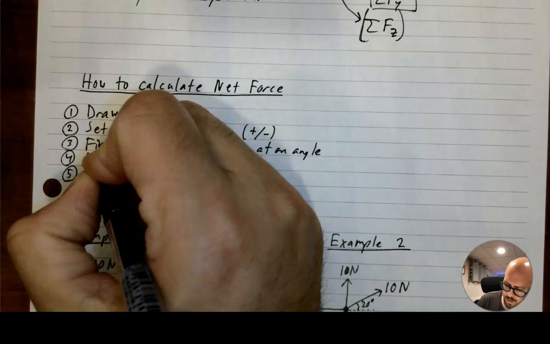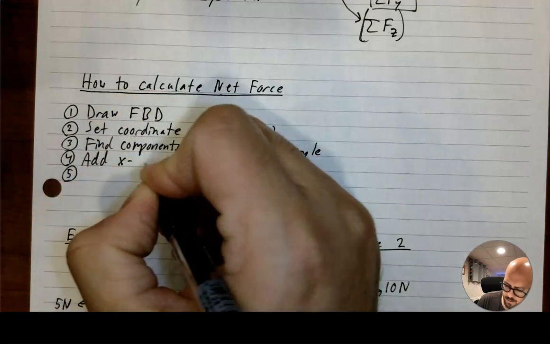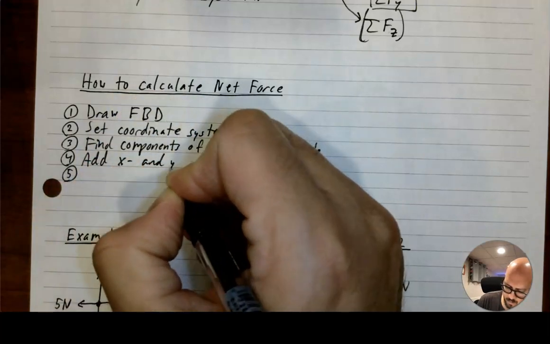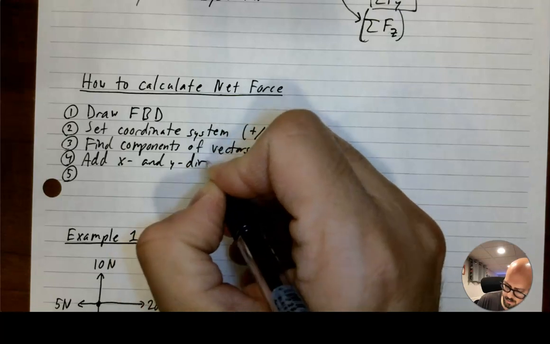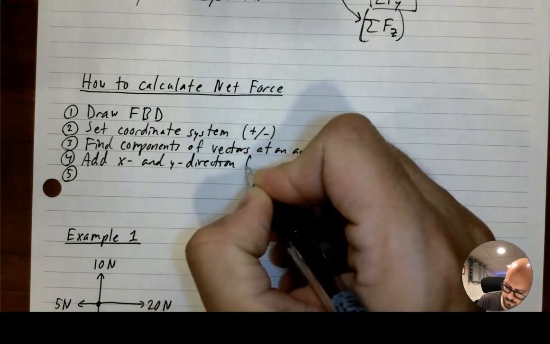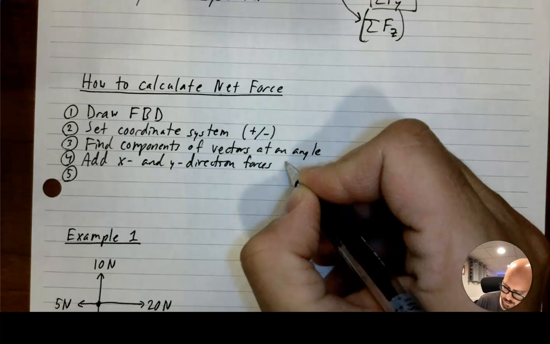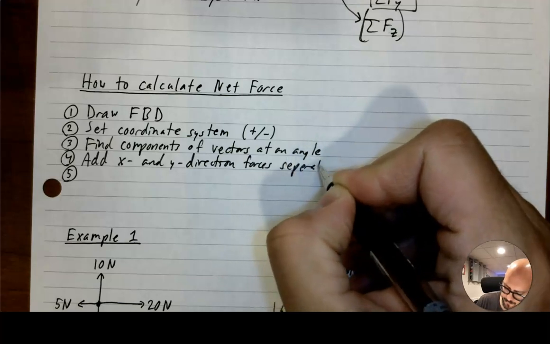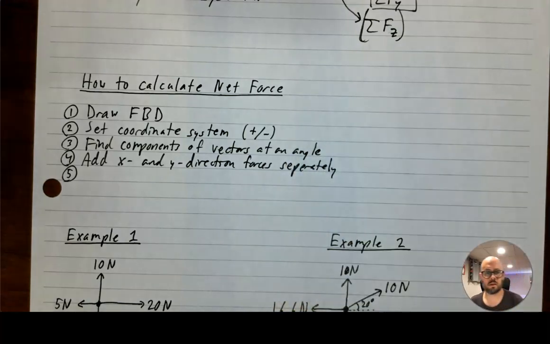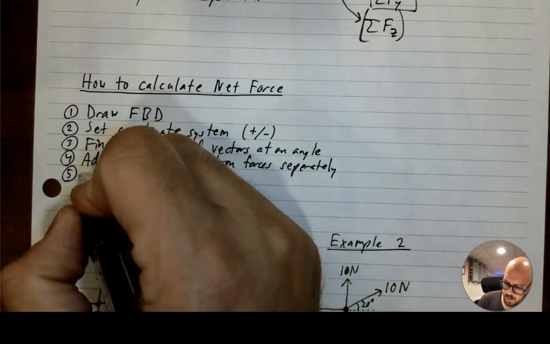Then you can add the x and y direction forces separately. And so you do want to do that twice, right? Once in the x direction, once in the y direction.